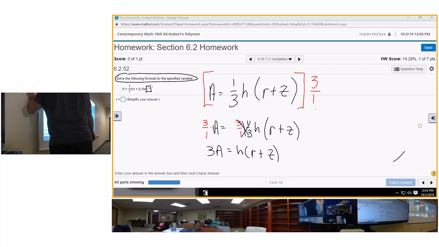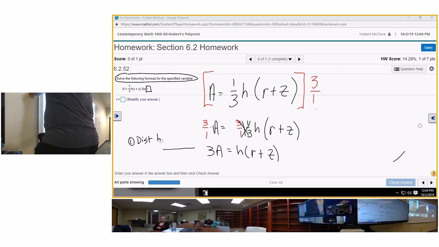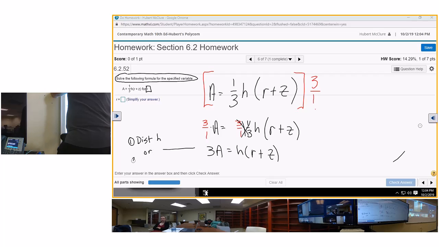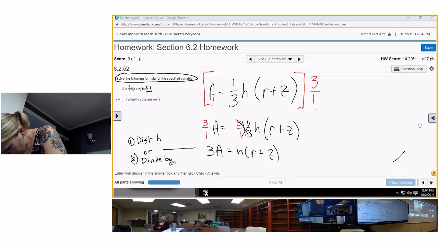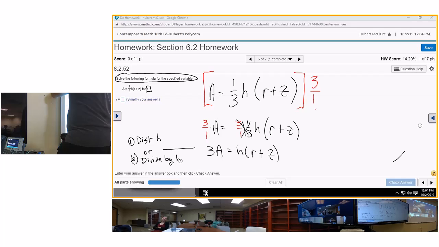There's 2 ways I can go about this. I can distribute the H and solve, or number 2, I can divide by H and solve. Either way is fine.